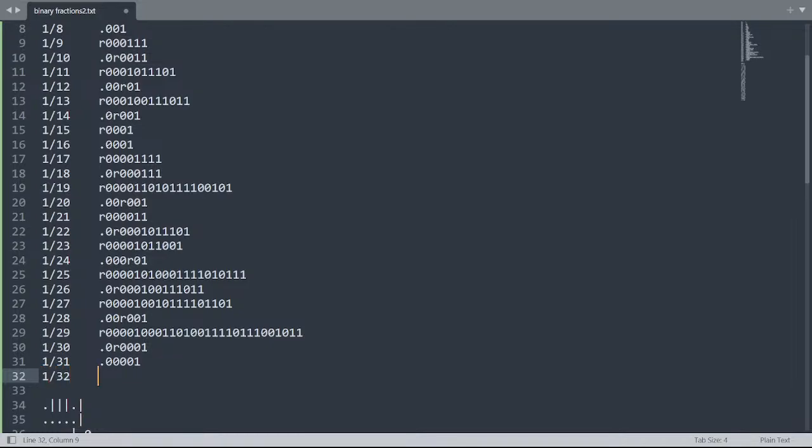Next we have 32. That's 1/32nd. And then we have 1/33th, and 1/33th is rep 0s, 5 zeros, 5 ones, so rep 0z in base 32.